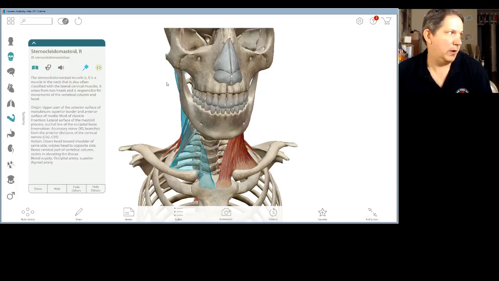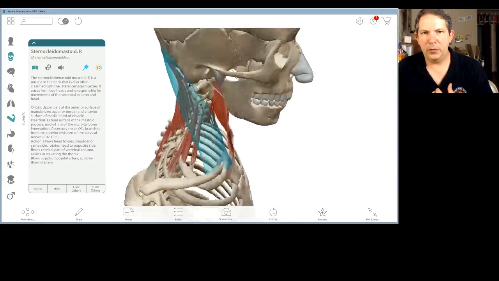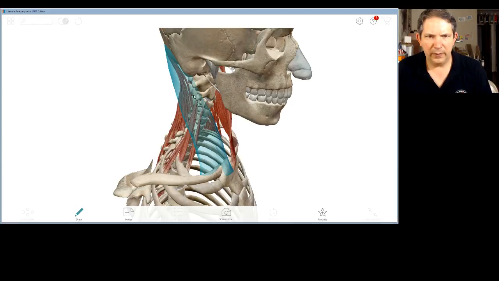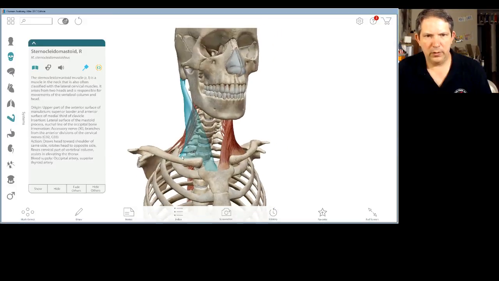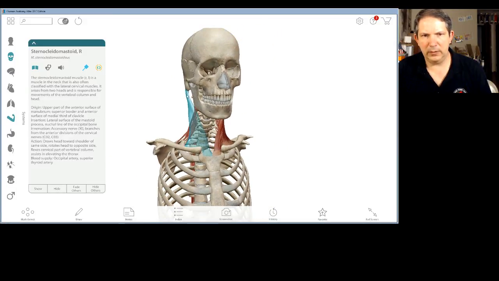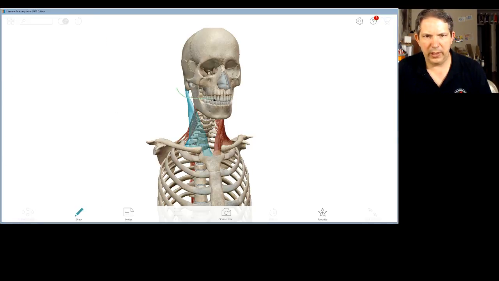So if you're looking left, this would almost be a good one to animate here, but if you're shortening this, the insertion moves towards the origin, right? So as it moves towards the origin, it's going to pull the head this way.